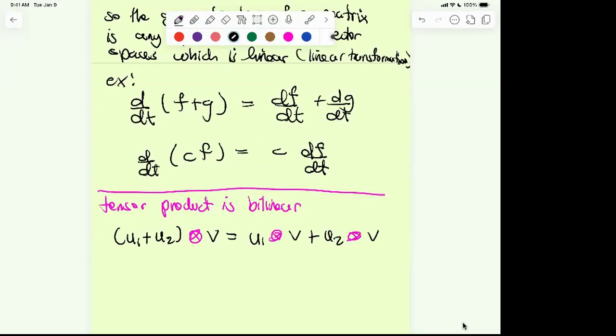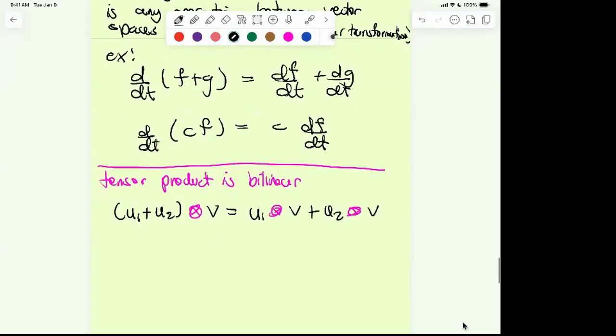That's where the word bilinear comes from, because it's linear in each variable. Similarly, U tensor (V1 + V2) is the same as U tensor V1 plus U tensor V2.